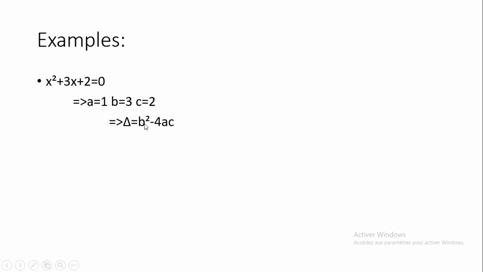Delta equals b squared minus 4ac. So our delta is 3 squared minus 4 times 1 times 2. So this 3 squared is our b squared, minus 4 times 1, which is our a, times 2, which is our c.